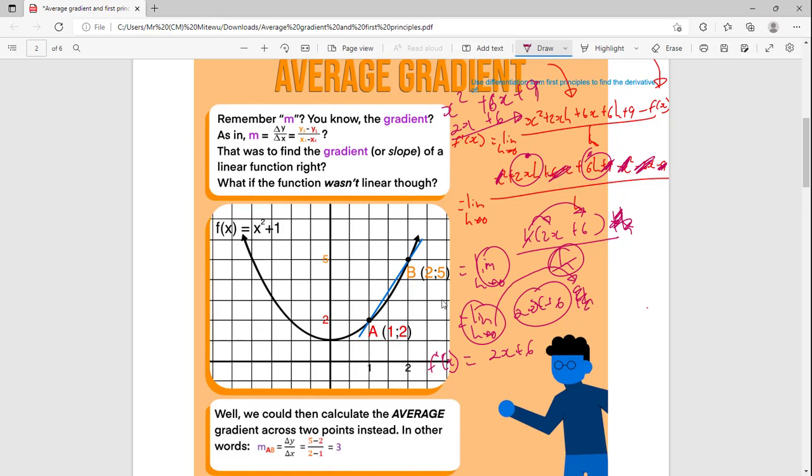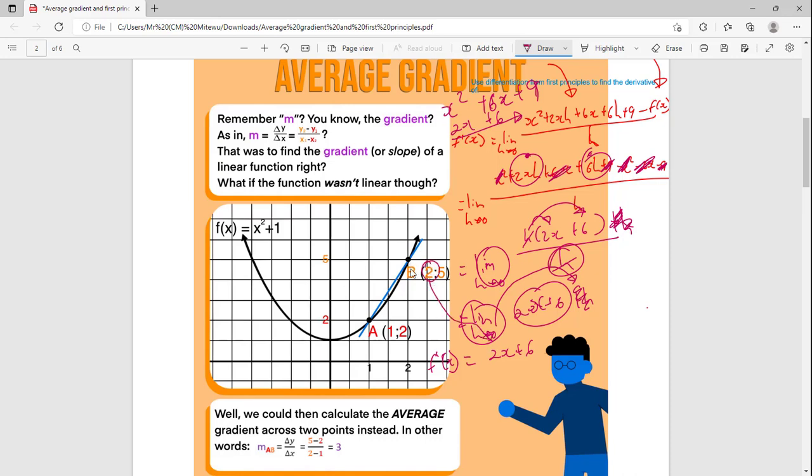Now if I were to ask you for the first derivative, let's say this was for this thing, obviously this is x squared plus 1, but let's imagine that this was referring to this particular parabola. If I were to say what is the first derivative at point B using first principles, you first have to do all of this, and then once you reach this point, you substitute the x value of B over here, right?